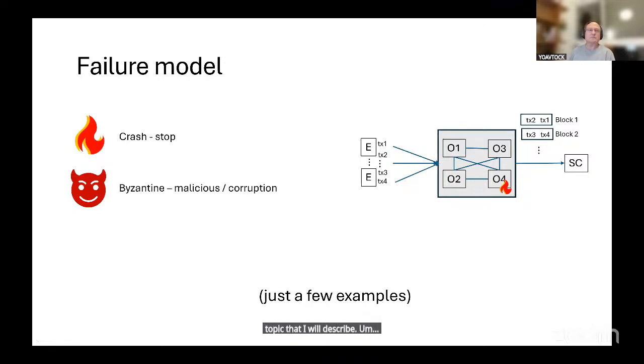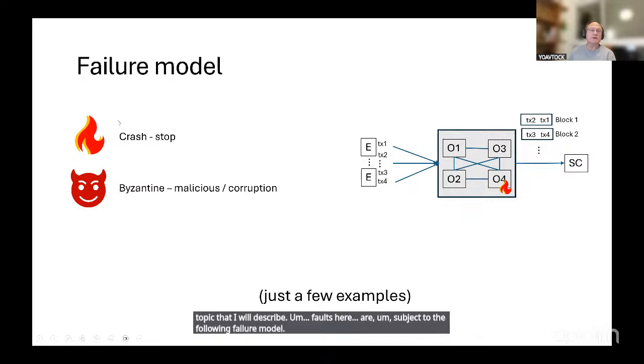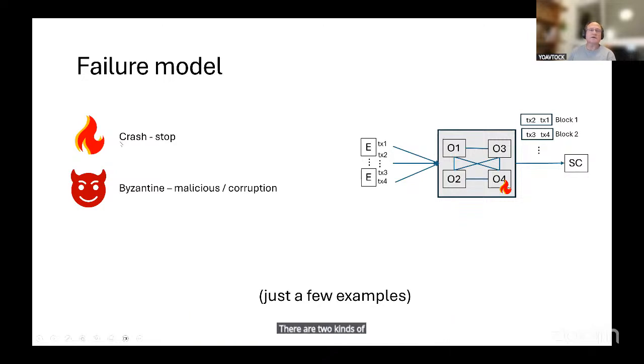Faults here are subject to the following failure model. There are two kinds of faults. One is a crash fault, in which the server, when it fails, just stops. And there are Byzantine faults, in which a process or a server deviates arbitrarily from the protocol.